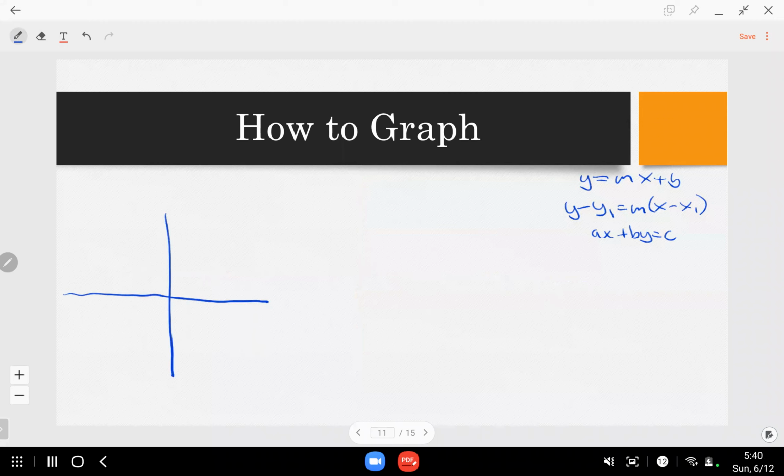So how do you graph slope-intercept form? All right. The first thing you want to do is find b, which is obviously the y-intercept. Now it doesn't have to be here; it could be negative or anything. We're just going to use this as a reference point.